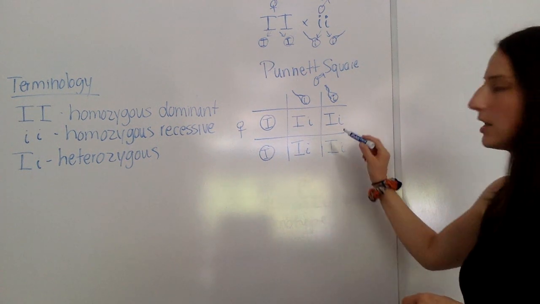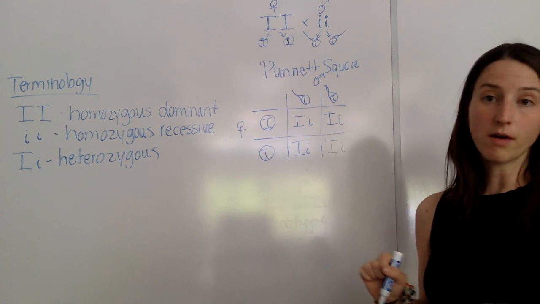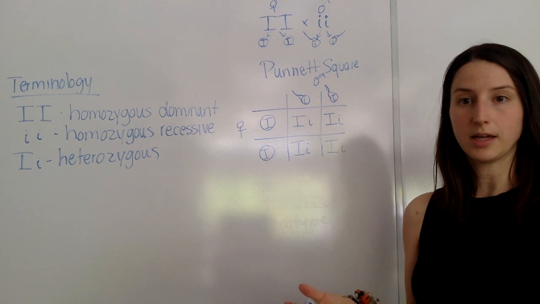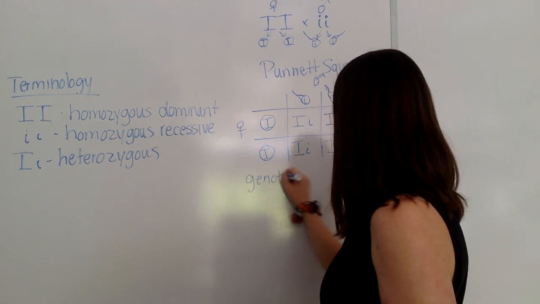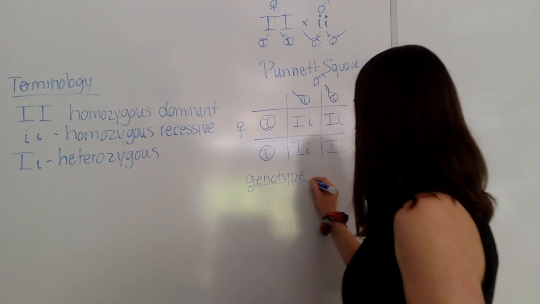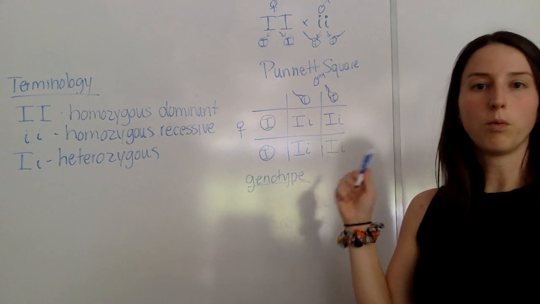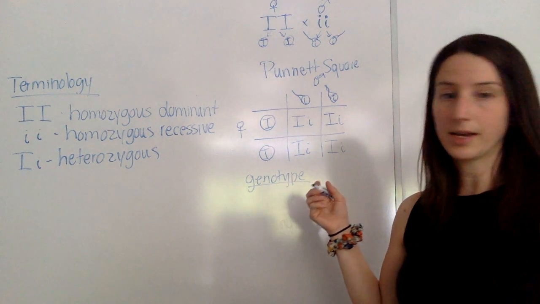So now we can see the probability of the offspring having different genotypes. Genotype: we have 100% heterozygous.